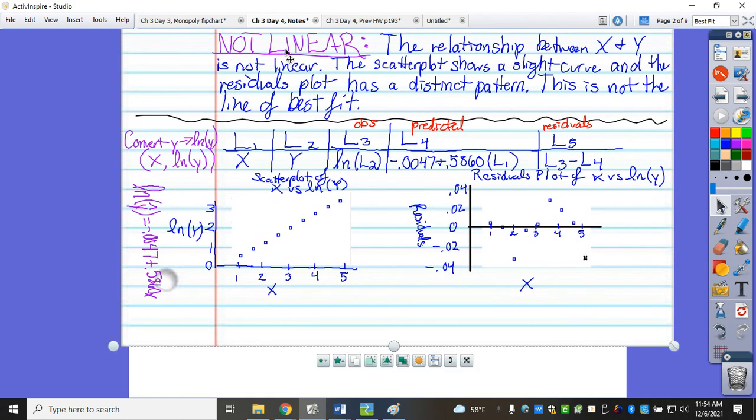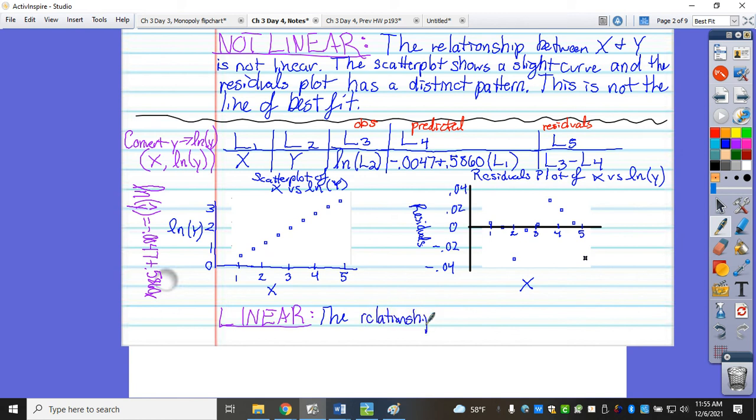So now, instead of not linear, we're going to write what? Linear. And we're basically going to go through the same wording, but answer it as things are better. So now the relationship between x and natural log of y is linear.